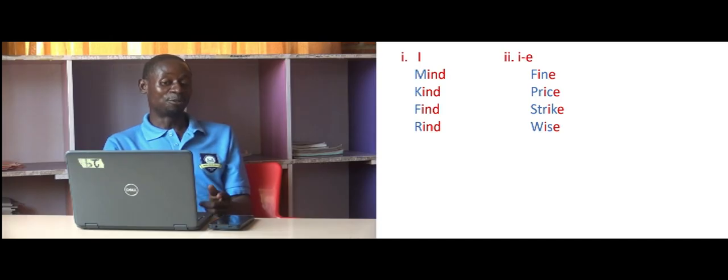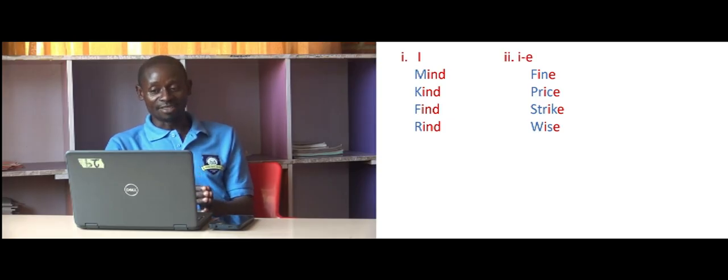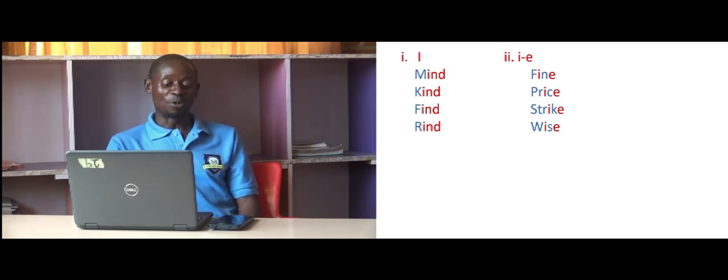The short sound for that letter I is /ɪ/, and if the letter E hops back, it will change it to a long vowel, the diphthong /aɪ/. And this is found in words like find, price, strike, and also wise. There are many other examples like this in the dictionary. Find them out and write in your notebook.